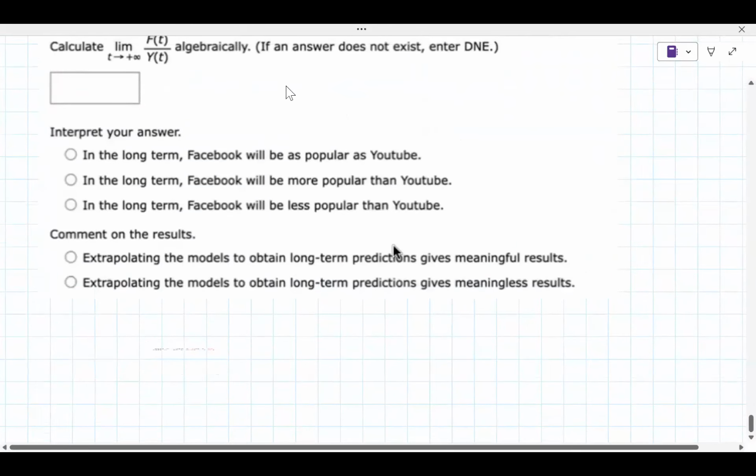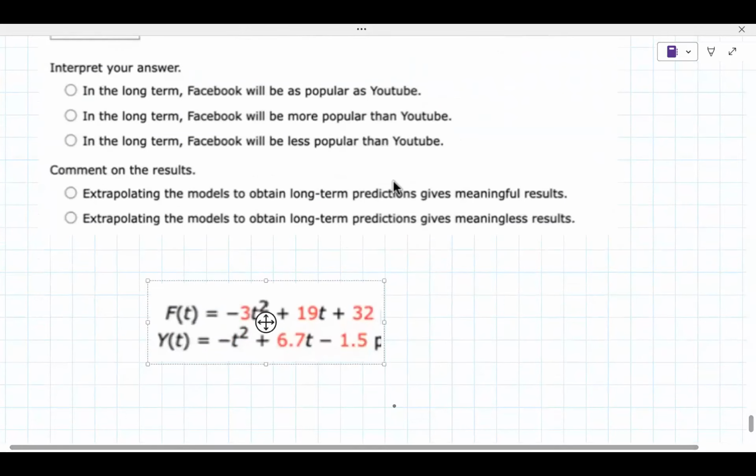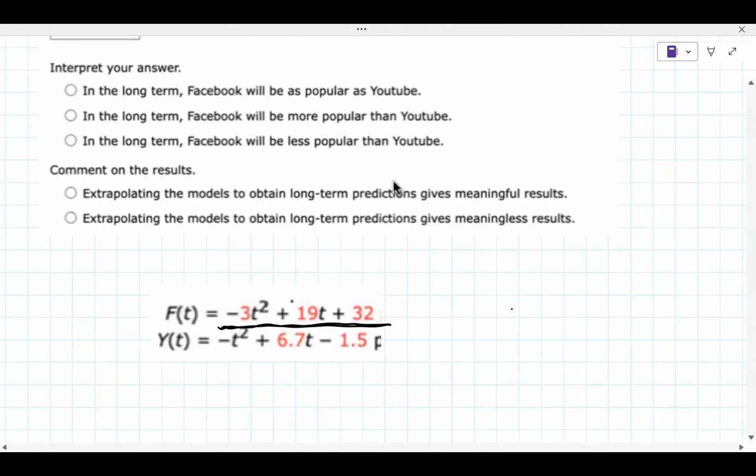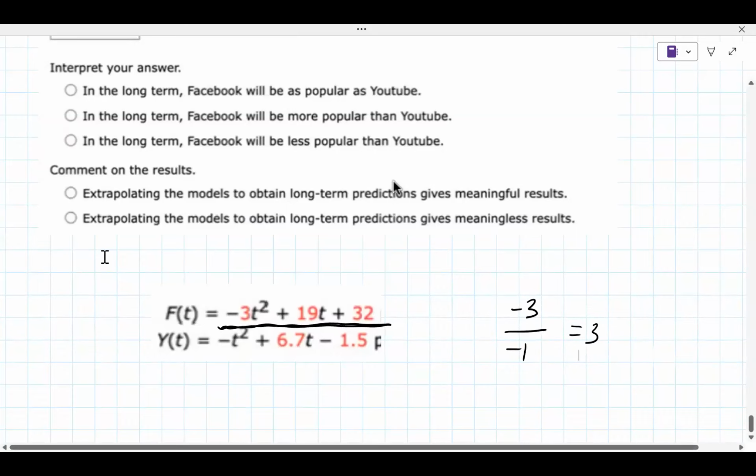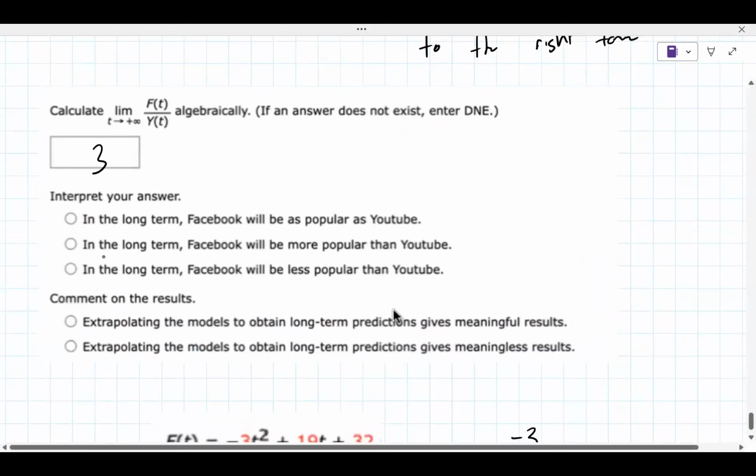Imagine there's a fraction bar there. It has the same degree in the top and the bottom. So it becomes negative 3 over negative 1, which is 3. So there's your answer. It's 3.